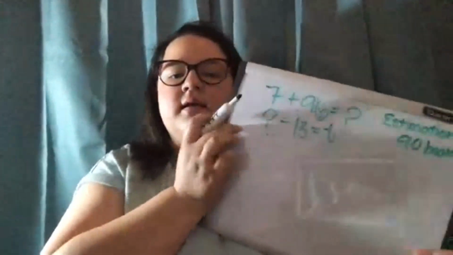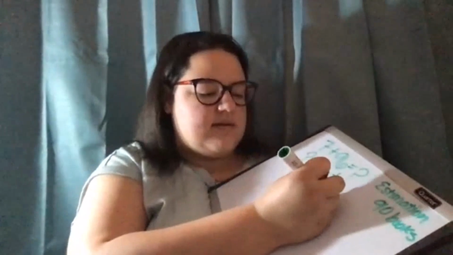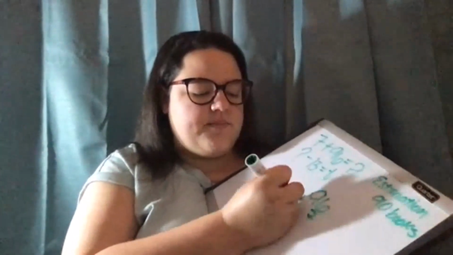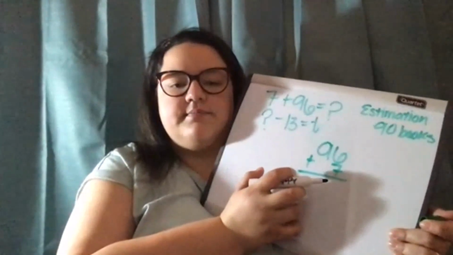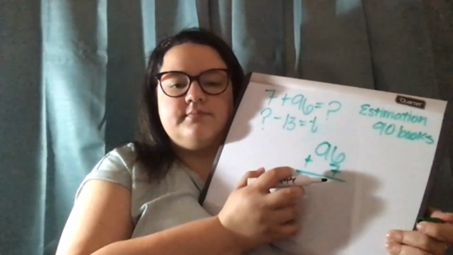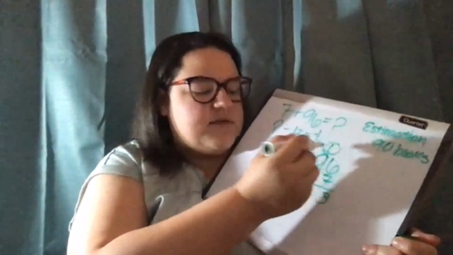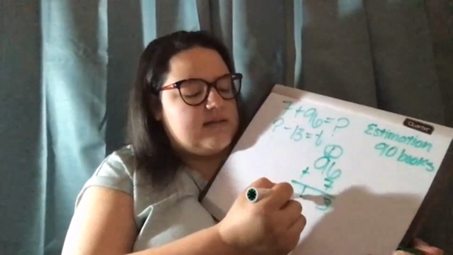All right, friends. Our first step is going to be adding our 96 and 7. Six plus 7 is 13. Put your 1 on top so you don't forget to add it in. 9 plus 1 is 10.